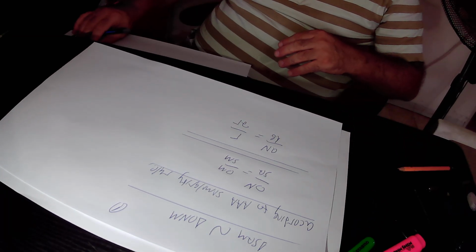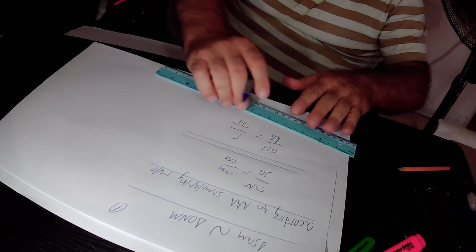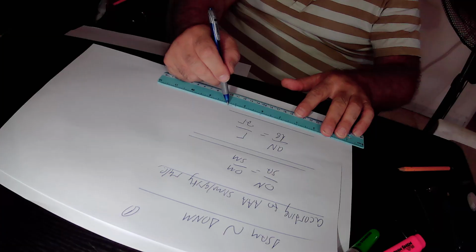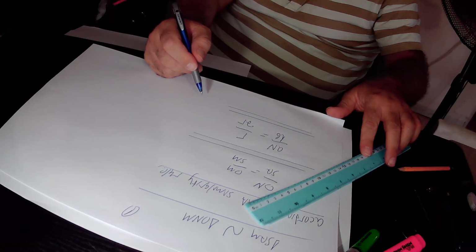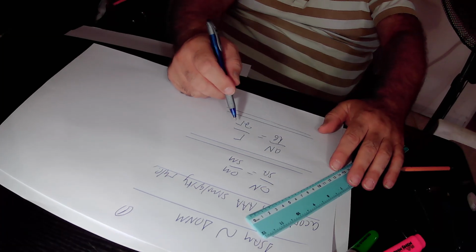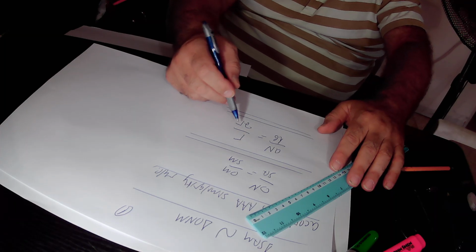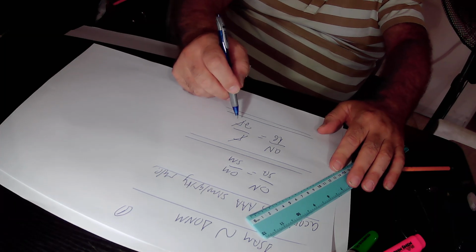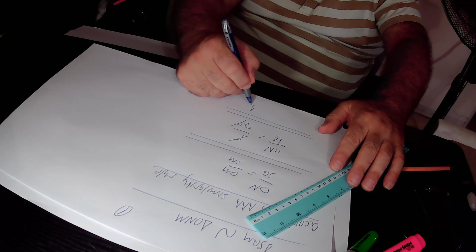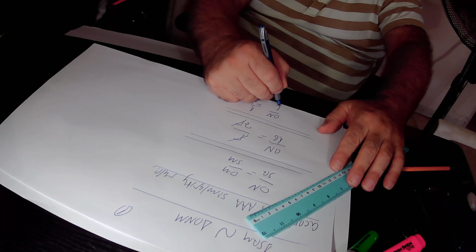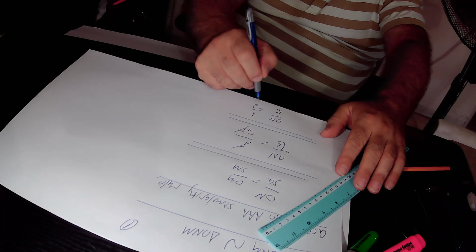So in total, we should find out that ON over 16 equals R over 2R. On this side of the equation, we have R in the numerator and R in the denominator, so R will get cancelled. So on this side of the equation, we are left only with 1/2, that is equal to ON over 16.